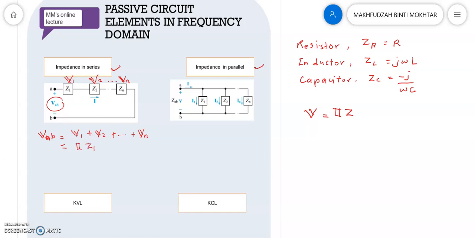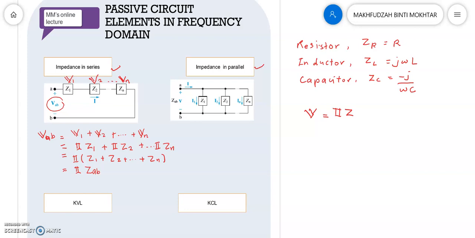Because we know that the current for each Z1, Z2 until Zn will be the same, we just put I here, and then plus for V2 is I Z2, plus until we have I Zn. So with that, we can factorize the I, and we will have Z1 plus Z2 until Zn. In that case, I can also write this as I multiplied with ZAB.